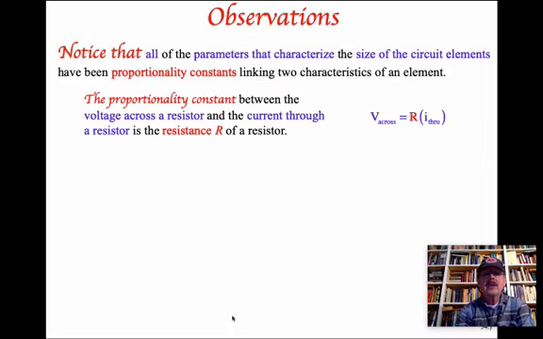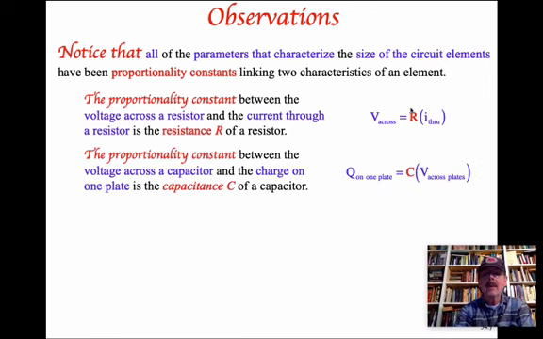Couple of observations, just off the wall observations. When we're talking about resistors, we said the voltage across the resistor equaled the current through it, and the proportionality constant was its resistance. That proportionality constant was the thing that told you how big, quote unquote, the resistor was. We were talking about capacitors. We said the charge on one plate was proportional to the voltage across the plates.